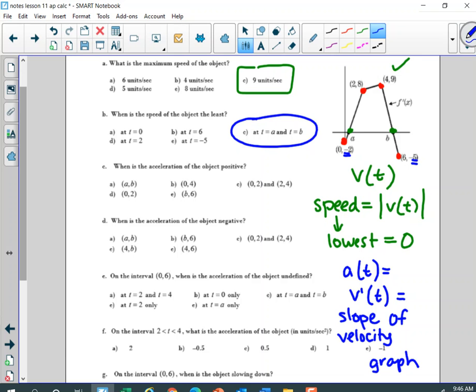So where are my slopes positive? Got to be careful here. The slope is actually undefined at that point. So where you may have wanted to say 0 to 4, the correct answer is actually 0 to 2 and then 2 to 4. My slope is not positive at 2. My slope is undefined at 2.